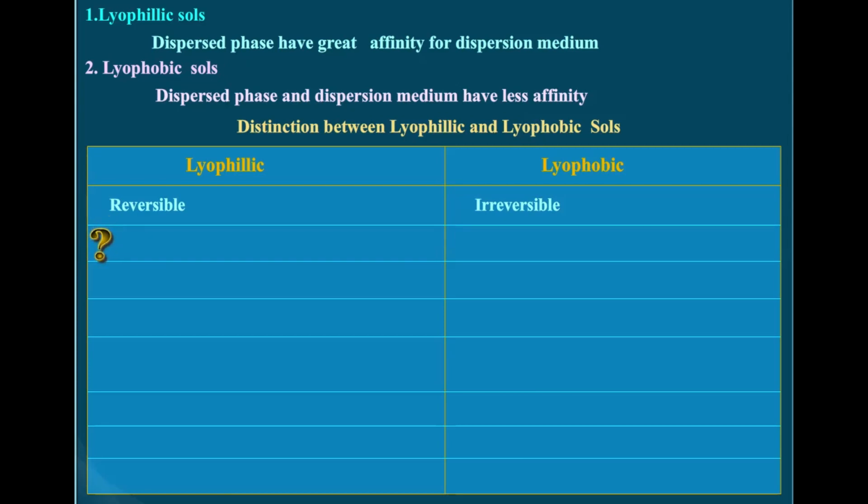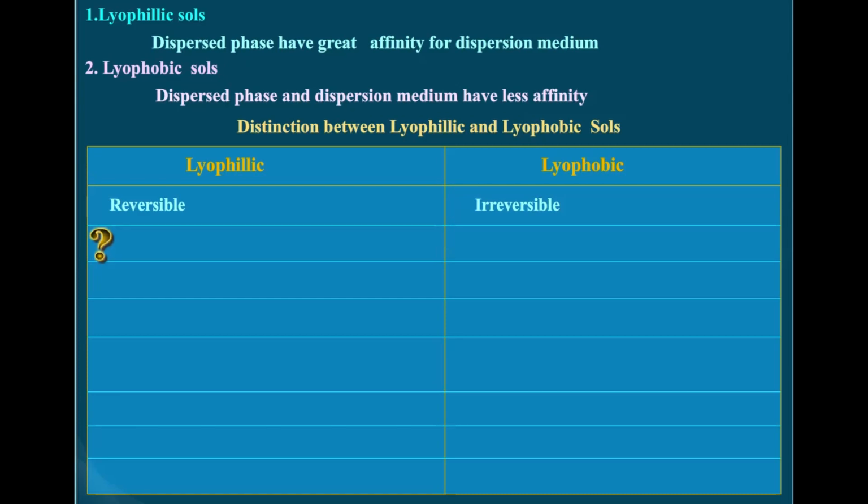While the lyophobic sols are irreversible. Lyophobic, as I mentioned earlier, is liquid hating. Substances like metals and their sulfides, when simply mixed with the dispersion medium, do not form a colloidal sol. Their colloidal sols can be prepared by special methods. These sols are readily precipitated on addition of small amounts of electrolytes.